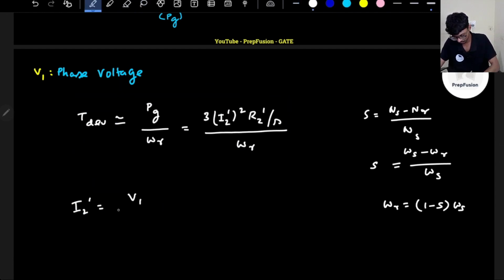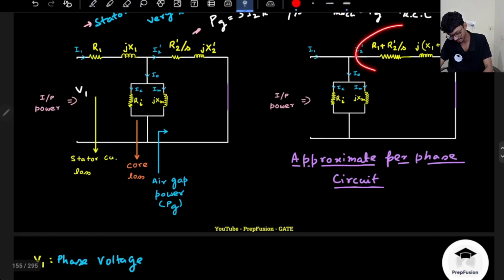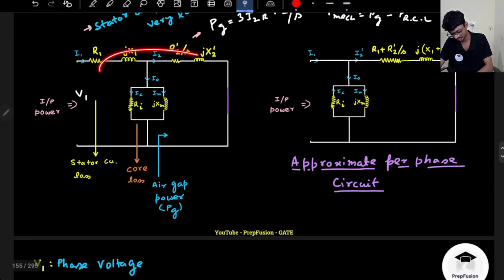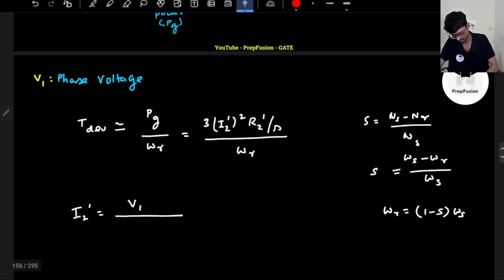I2 will be V1 divided by this whole impedance. The reactance is also there, so it is X1 plus X2 dash.